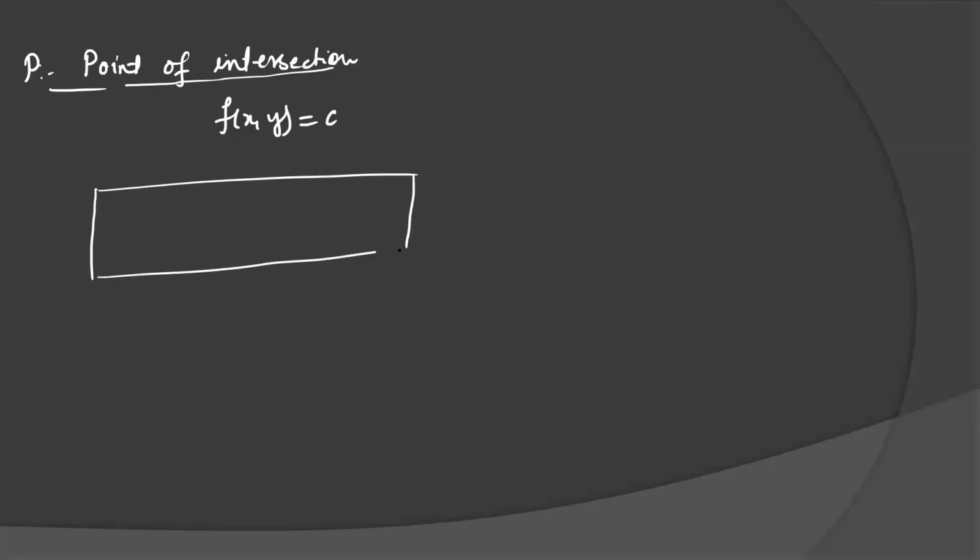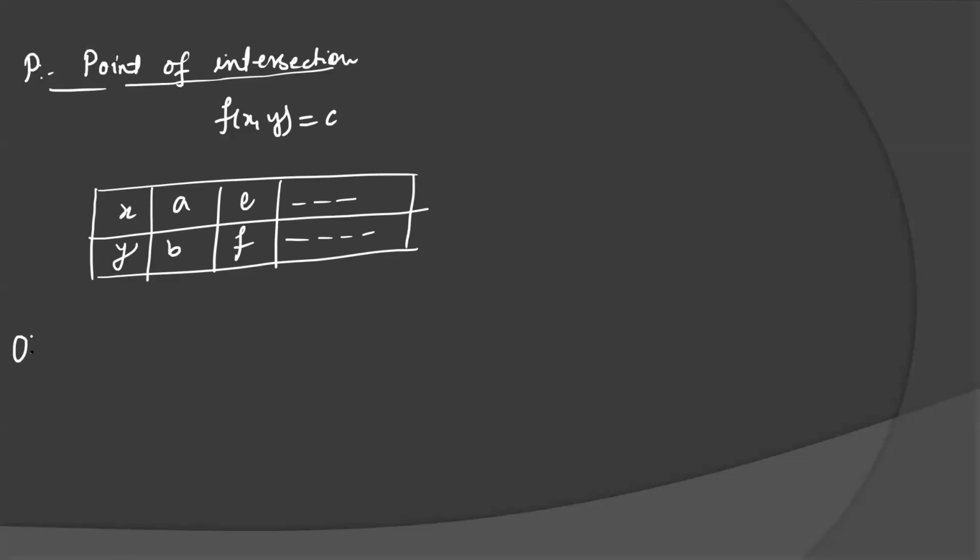Let's see every point one by one, starting from P, point of intersection. Suppose we have any curve f(x,y) = c. For points of intersection, it looks like class 9th mathematics. We find some points: suppose x equals a, then y equals b; x equals e, then y equals f.